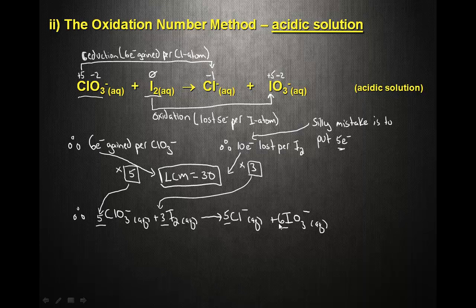Unlike in the last example, where the H's just worked themselves out, this time, if you count the number of oxygens on this side, I have got 15 O atoms. And my product side has 18 O atoms.